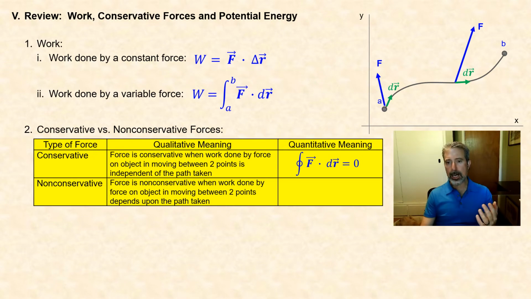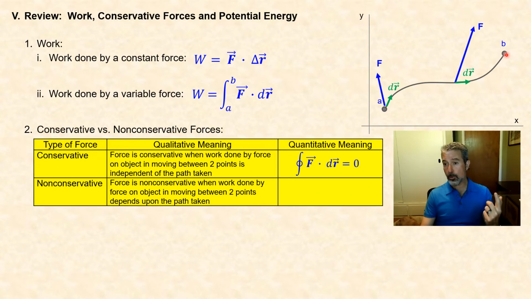And when you look at the diagram up above here, just to see how what I'm showing you translates, if the work done is independent of the path taken, then whatever path you take in going from A to B, a certain amount of work is done.